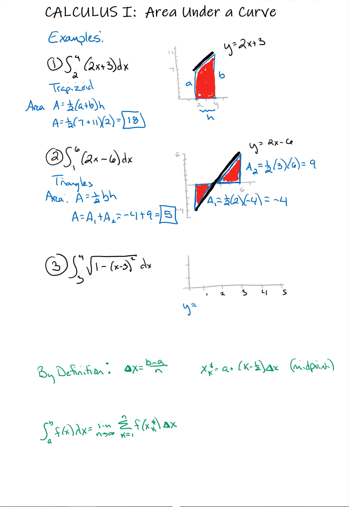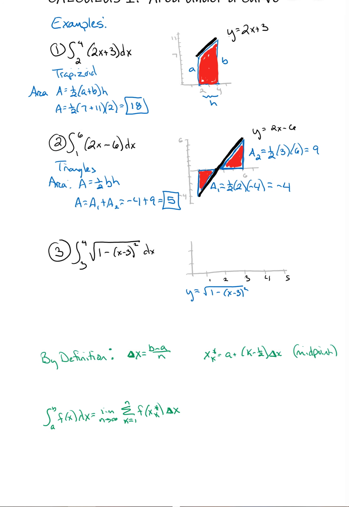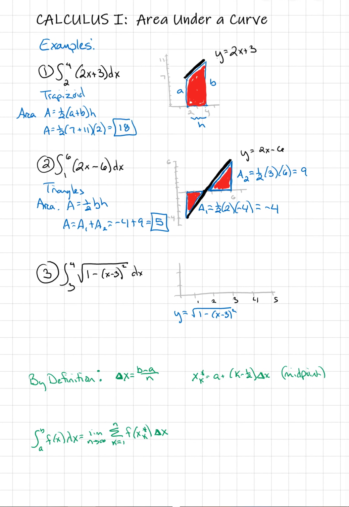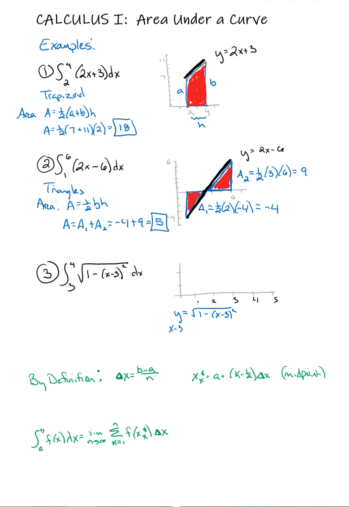So our integrand is the square root of 1 minus the quantity x minus 3 squared. Well, I'm going to go ahead and kind of clean this up a bit. If I square both sides and then move the x values to the left along with the y values, what we end up with is x minus 3 squared plus y squared is equal to 1.